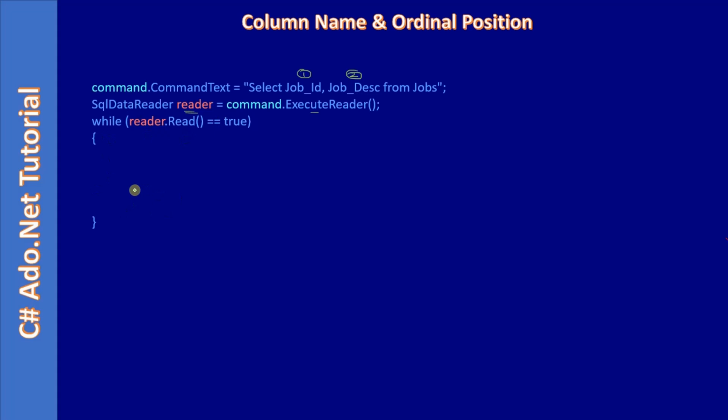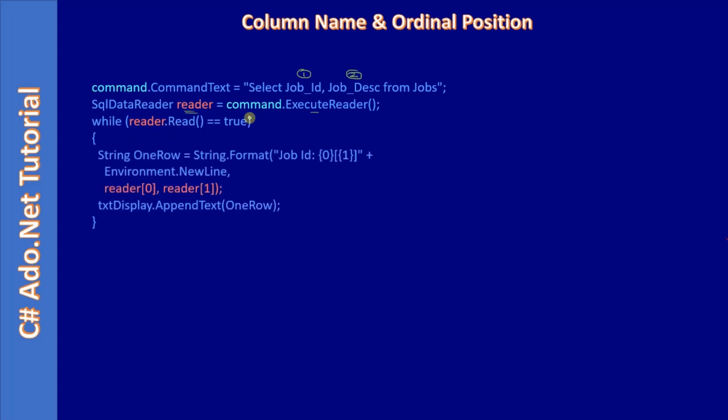Then you know about this loop, reader.Read, and if there are multiple records, for example, let's consider there are 3 records and 2 columns, column 0 and column 1. The column names are job_id and job_description, right?